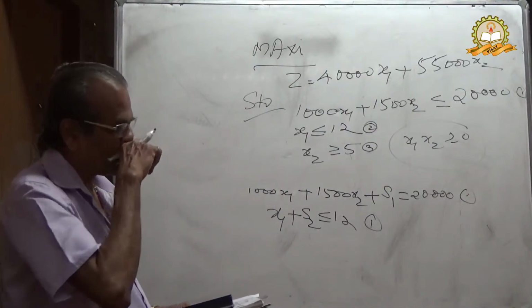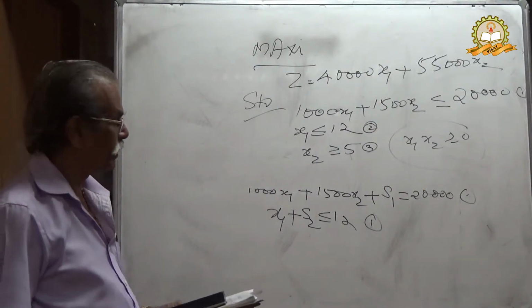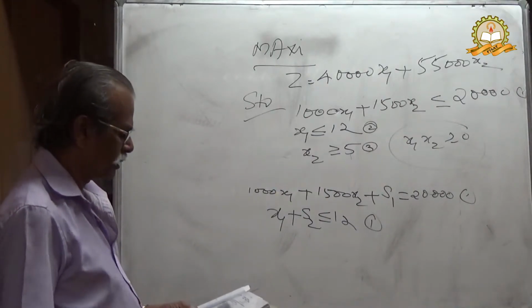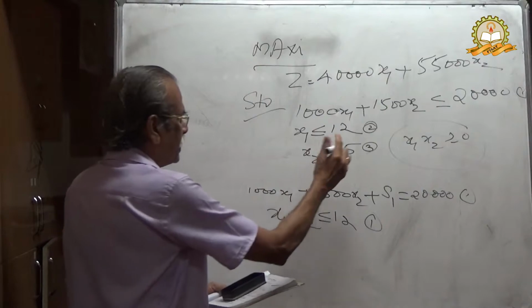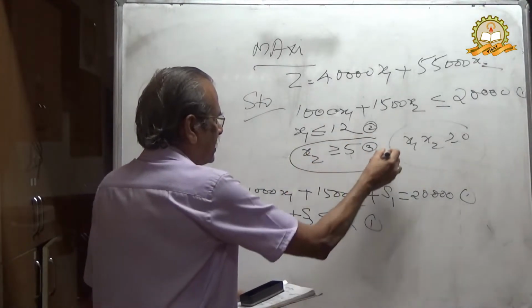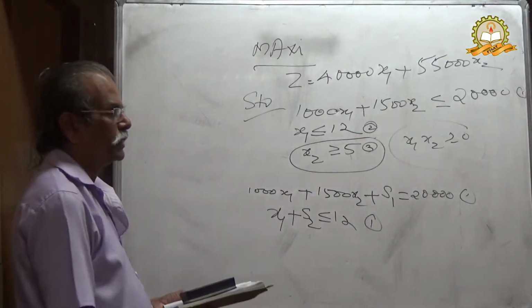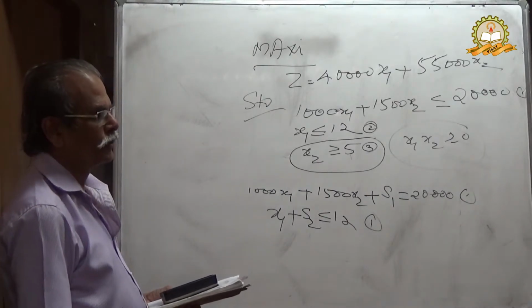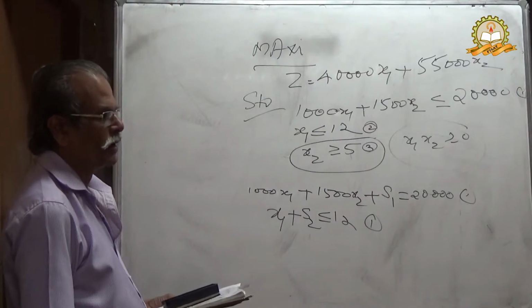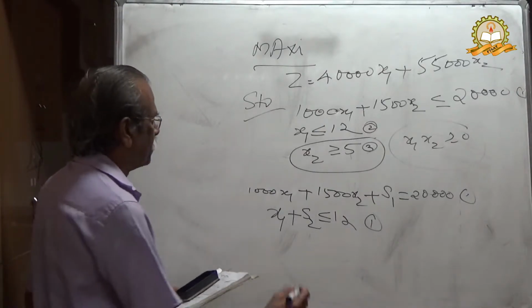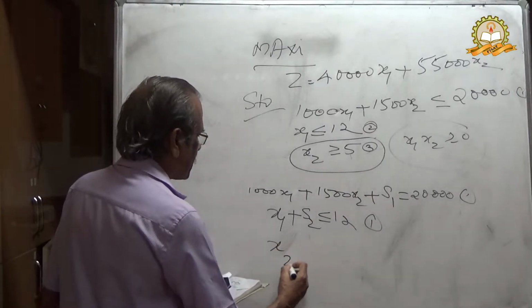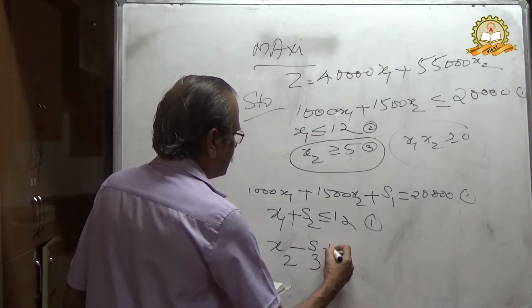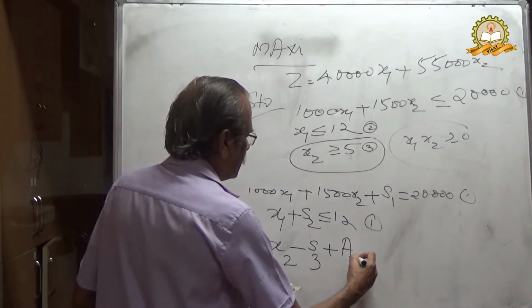Then considering equation number 3, here it is given x2 greater than or equal to 5. Therefore, we subtract surplus variable s3 and add a1.